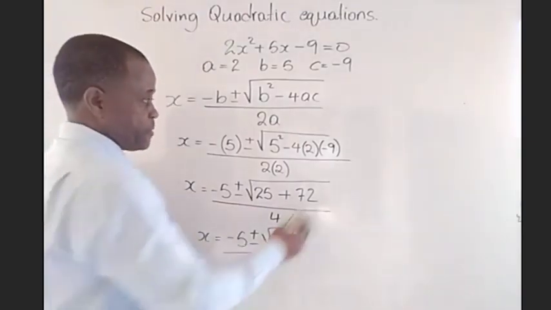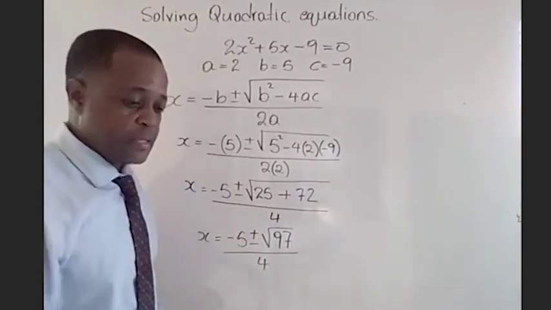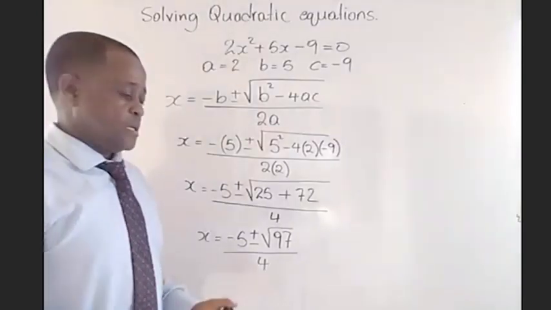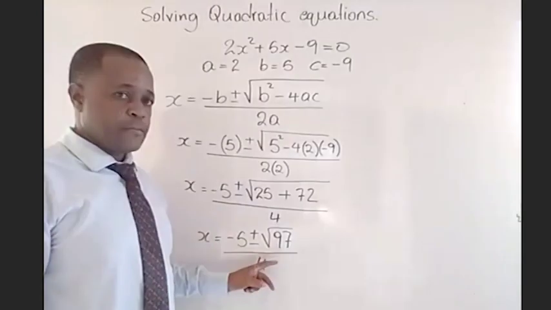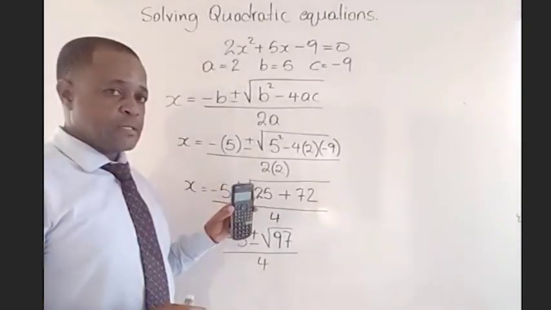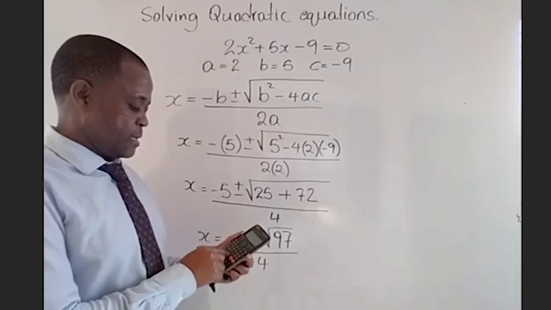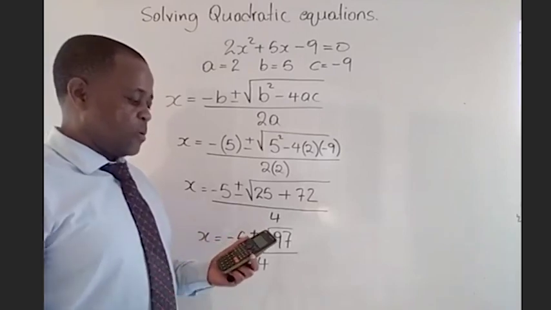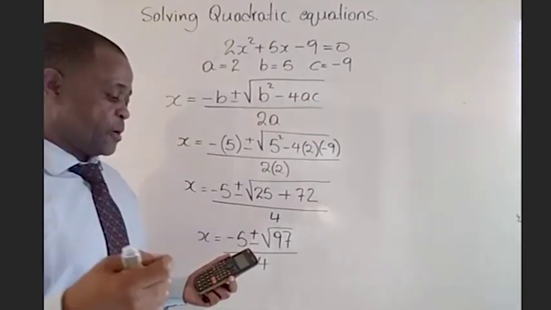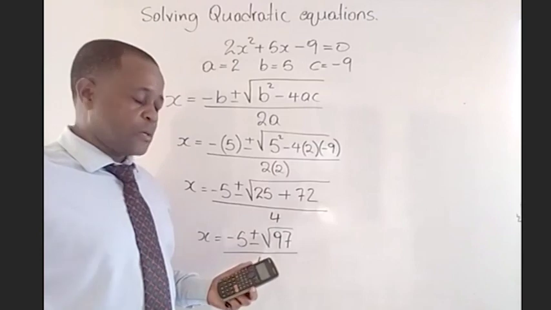97 over 4. Now you will realize that 97 is not a square number. So in this case, can we just use our calculator? Yes, you can just punch your square root sign, 97, and that will give you approximately 9.8488 and some numbers going along.